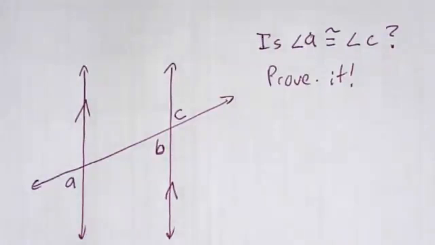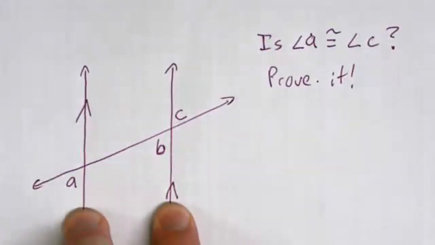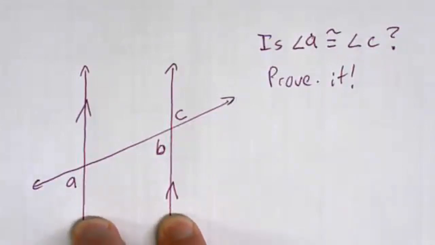Since both lines are parallel, and since A and B are corresponding angles and B and C are vertical angles, A and C are the same. You got all the pieces there. We might need a couple little details added in there, but I can tell that you're seeing it. That's awesome. What else can we add in?